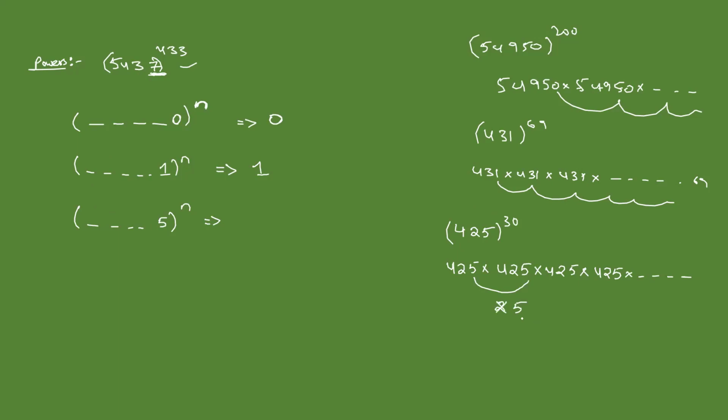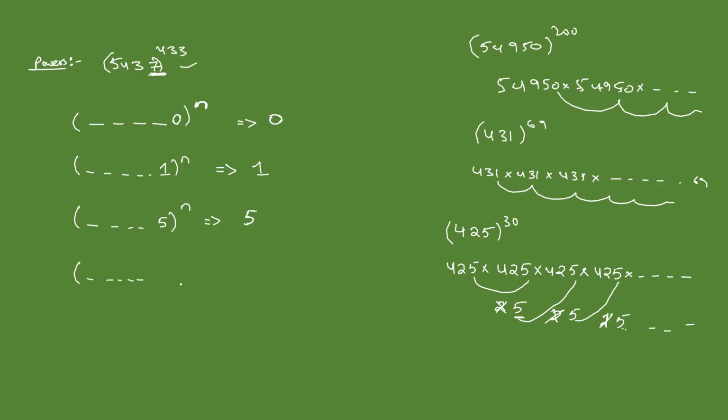We will not bother about 2; we will go ahead only with 5. I am writing all these units digits. Next, similarly, 5 5s are 25. I will not bother about 2, I will go ahead with 5. So this 5 will be continued. So any number which ends with 5, the final units digit output will be the same number, that is 5.